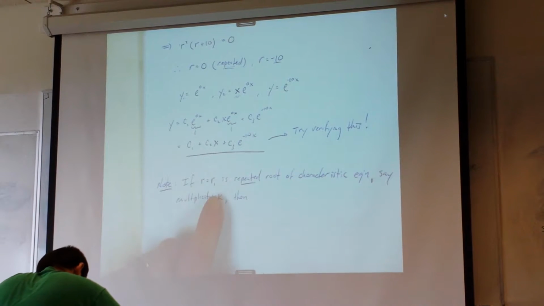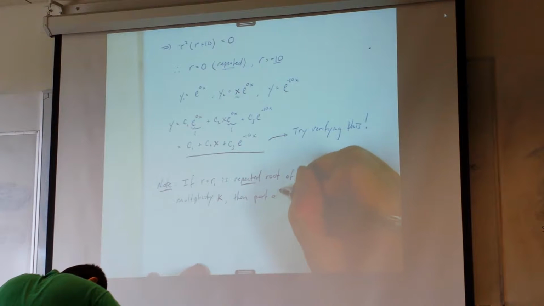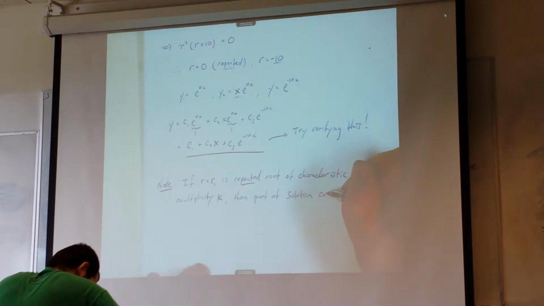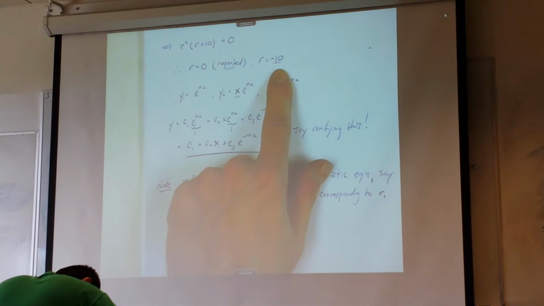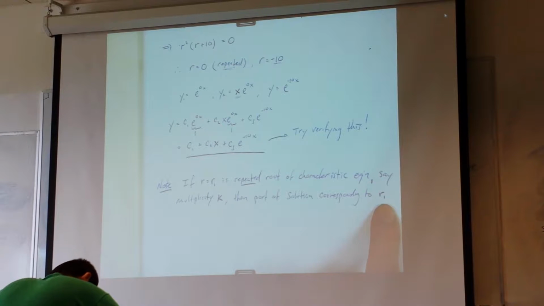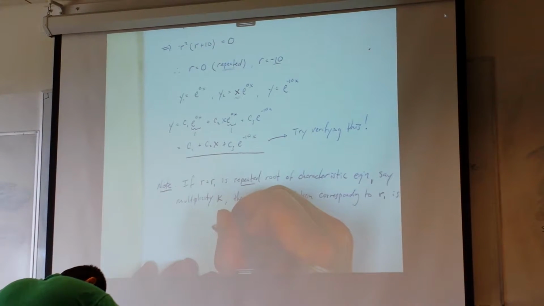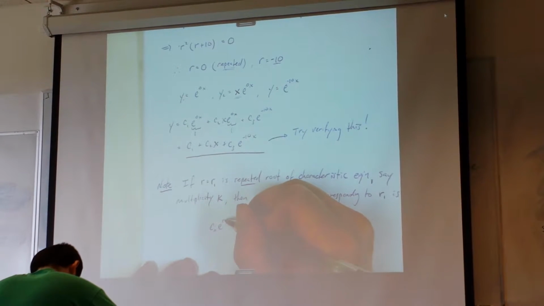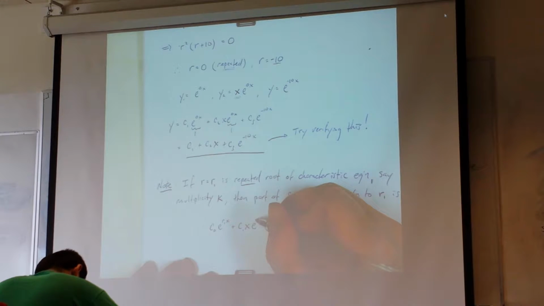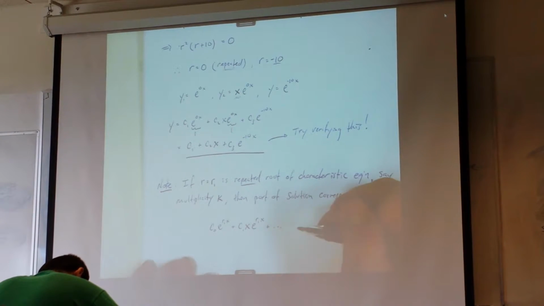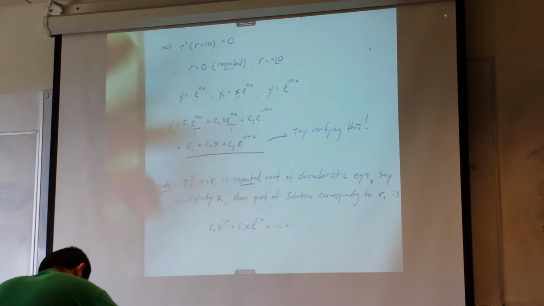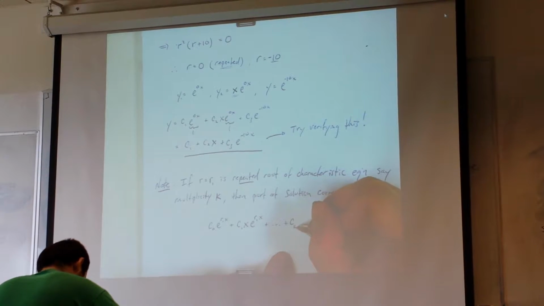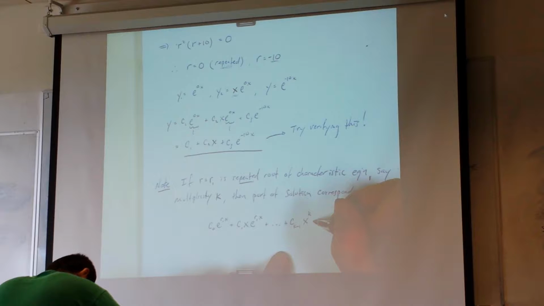Then the part of the solution corresponding to that particular root r1, there may be another, like in this case there was a negative 10, is c sub 0 e to the r1x, plus c sub 1 x to the first e to the r1x, and so on, all the way up to 1 less than the multiplicity, so c sub k minus 1 x to the k minus 1 e to the r1x.